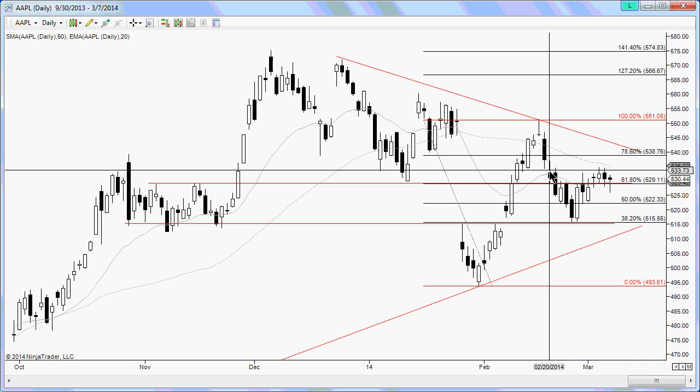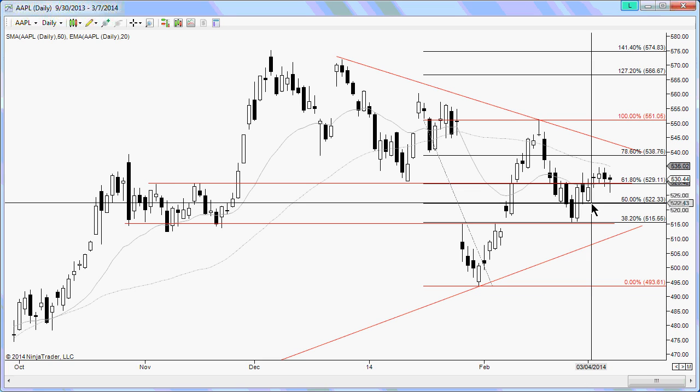Again, understand when I try to use the Fibonacci retracement tool, I don't trade off of it. Okay, I trade with it. In other words, there's a very distinct difference between trading off of any kind of indicator or trading with the indicator. When we trade with something, it's basically looking for some sort of confirmation or some assistance from it.